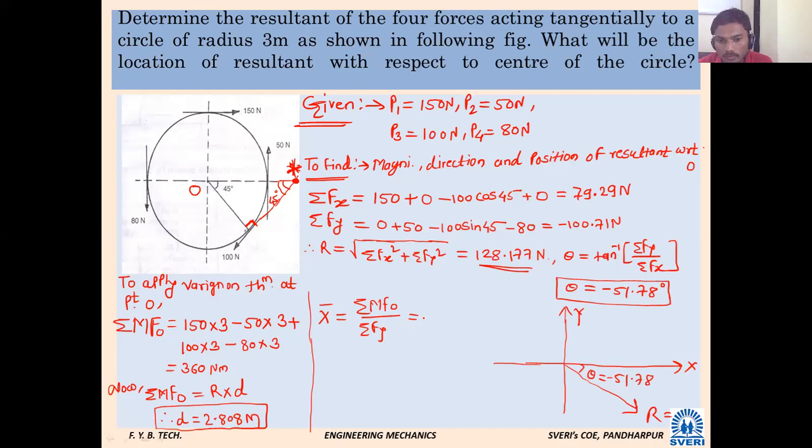Minus 3.57, more precisely about 4 meter. Y bar is summation of moments due to forces divided by summation Fx, equal to 4.54 or likewise.